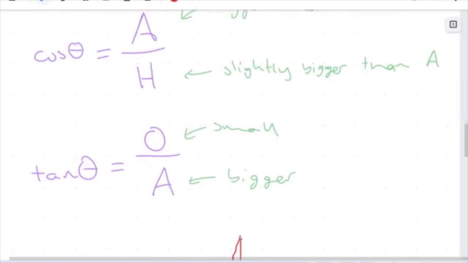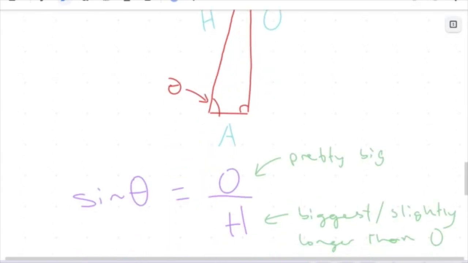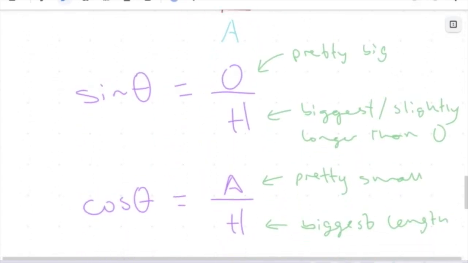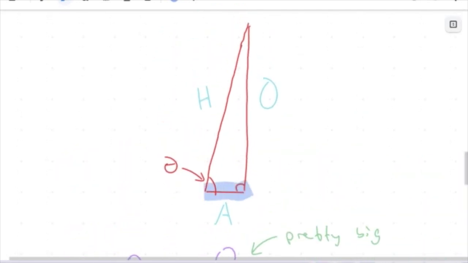Now, conversely, looking at the adjacent, looking now at cos, which links my adjacent to my hypotenuse. Putting this as a fraction gives me a pretty small side, because the adjacent here is small relative to the other sides of my right angle triangle. It has to be smaller to compensate for this bigger angle.